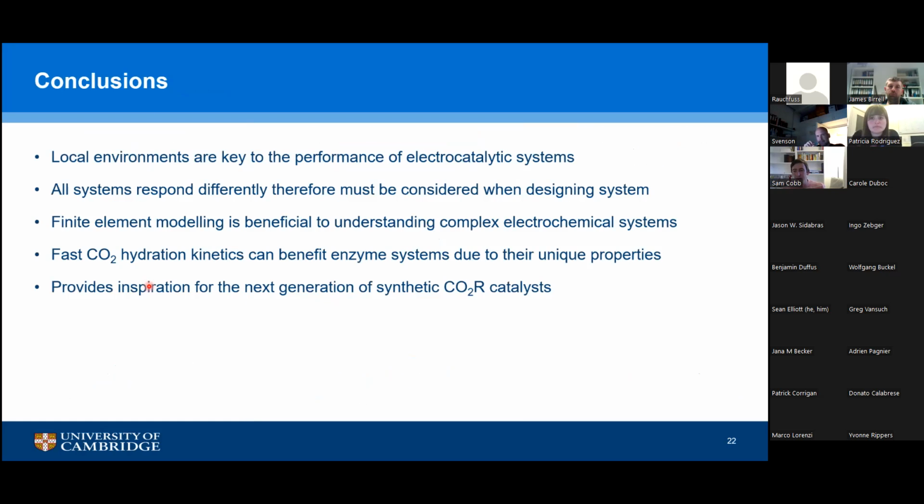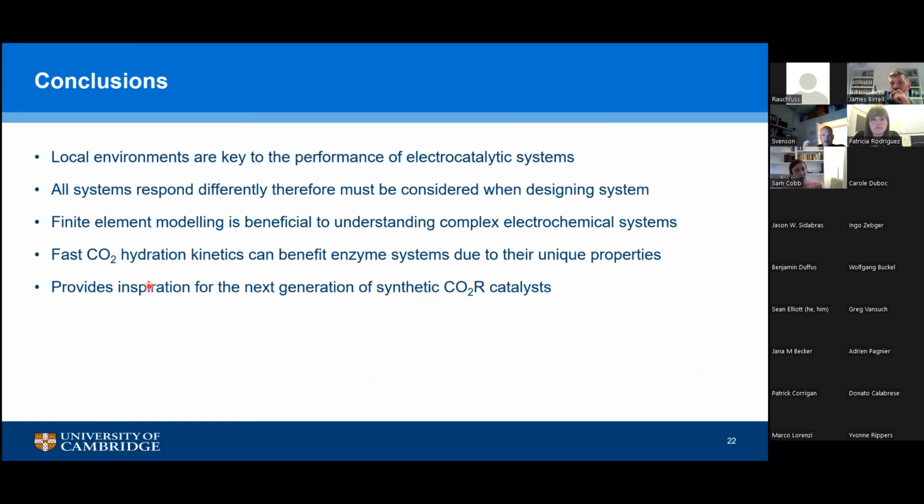So hopefully I've given you a very quick whirlwind tour through the world of local environments that occurs within porous electrodes. And they really are key to the performance of these electrocatalytic systems. And I really love looking at this and working on this. And it really shows how all these systems really do respond very differently, which must be considered. And finite element modeling can really start to understand this.